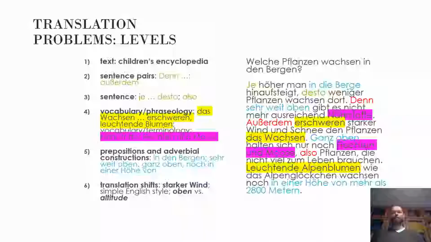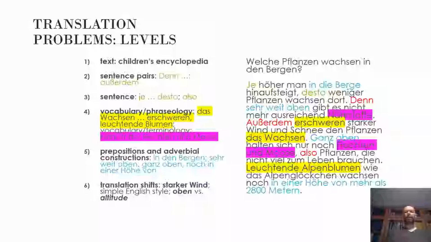We'll see how to do that. And then there's, of course, terminology. This is usually quite simple. You can simply look these words up in a dictionary and you usually find the correct English equivalents.